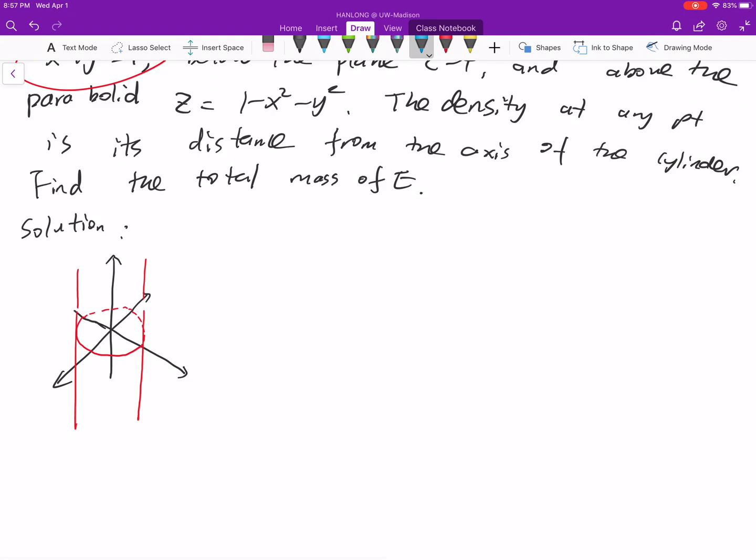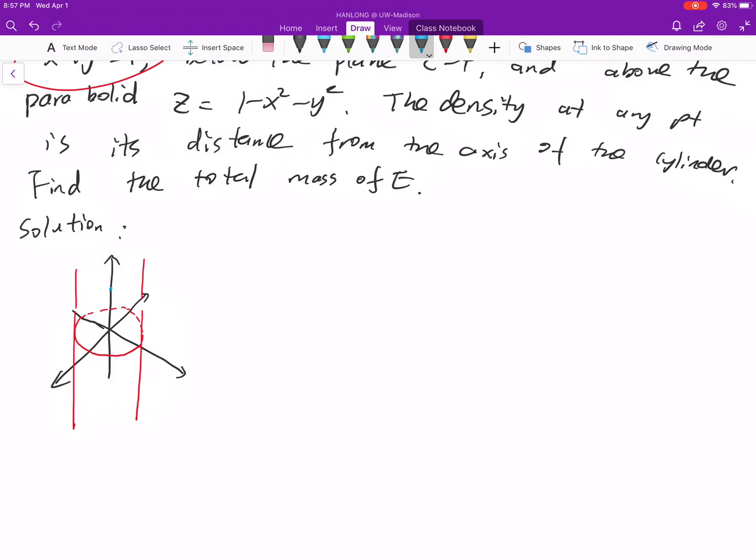So first, then you have a paraboloid. And then you have a plane. So the plane is z equals 0.